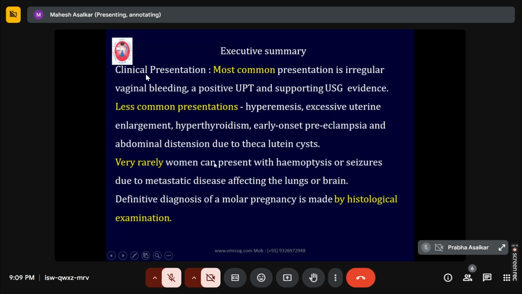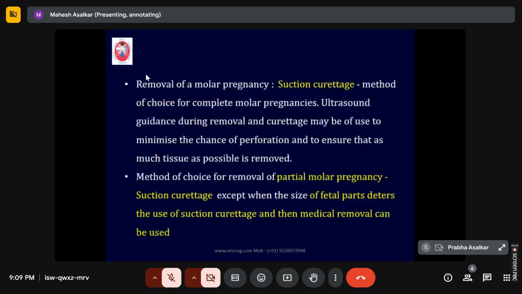Rare presentations are hemoptysis and seizures. Less common are hyperemesis, excessive uterine enlargement, hyperthyroidism, early onset preeclampsia, and abdominal distension. Most of the time questions are very simple, but we get confused with the options. This is what happens in the final examination. So remember, read every word carefully.